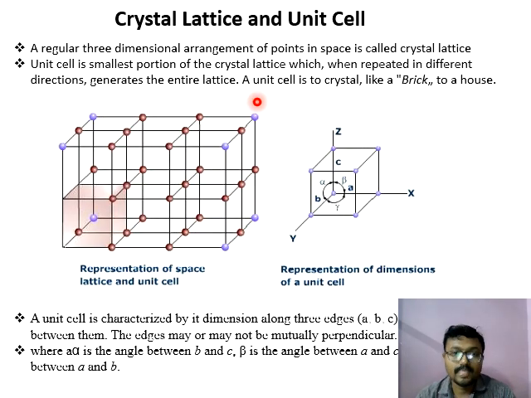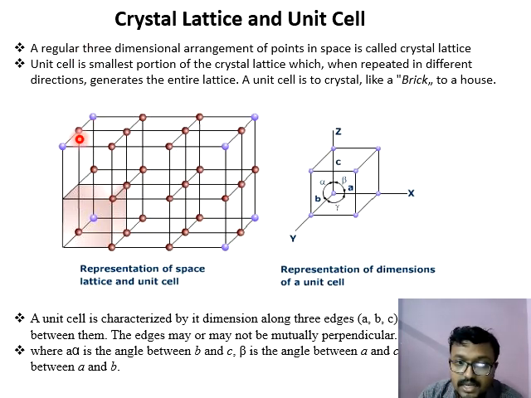Next. Now we'll discuss crystalline solids, crystalline material. In crystalline material, there is a part which is called crystal lattice or unit cell. What is crystal lattice? In crystalline material, there is a definite arrangement of the atoms. This is one atom, this is another atom, and there is another atom.